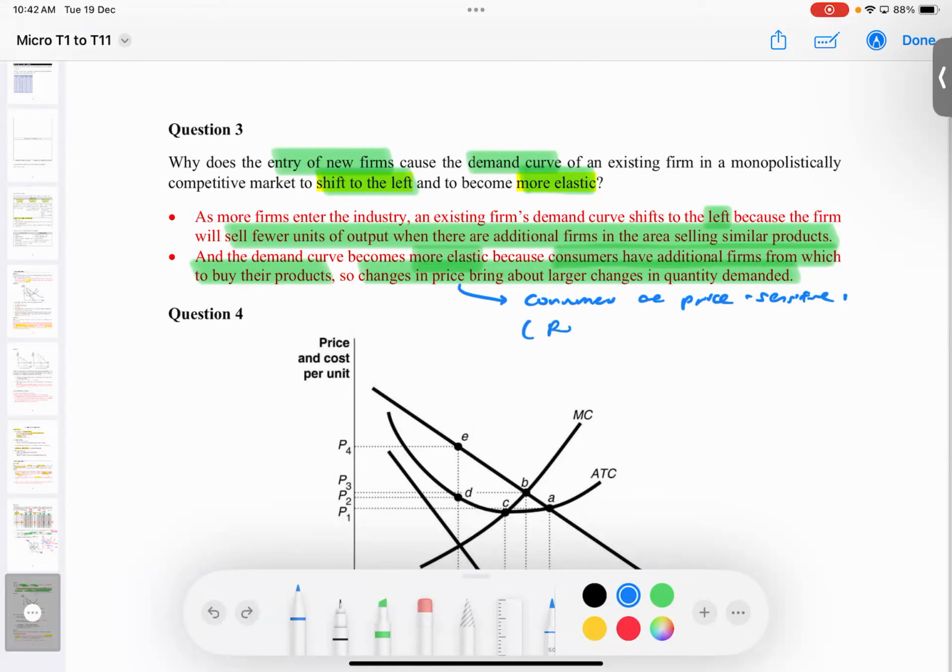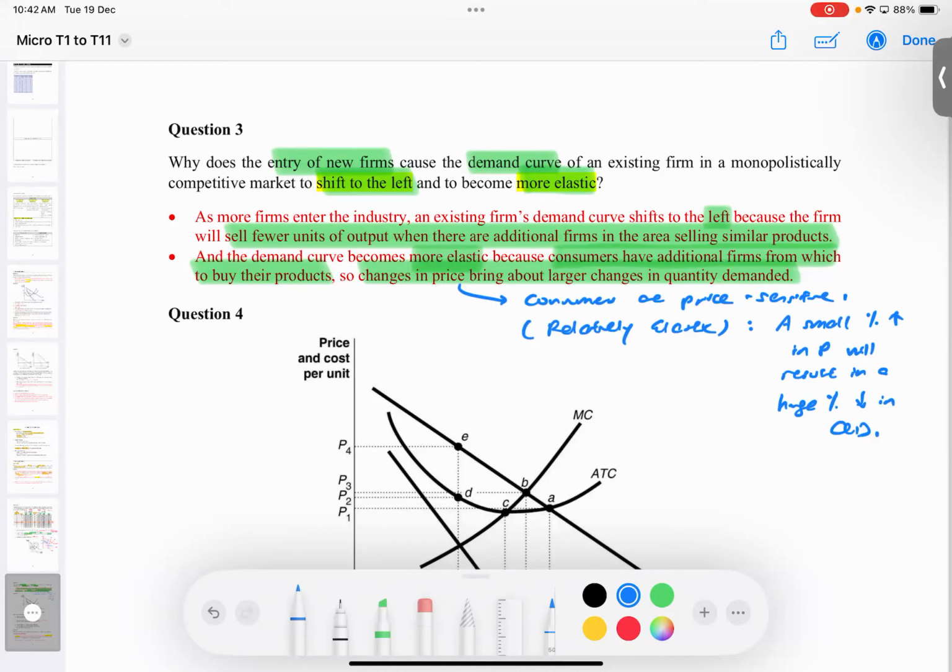Relatively elastic, because you can use the definition of elastic: a small percentage increase in price will result in a huge percentage fall in quantity demanded. Why is that so? Because they are price sensitive.